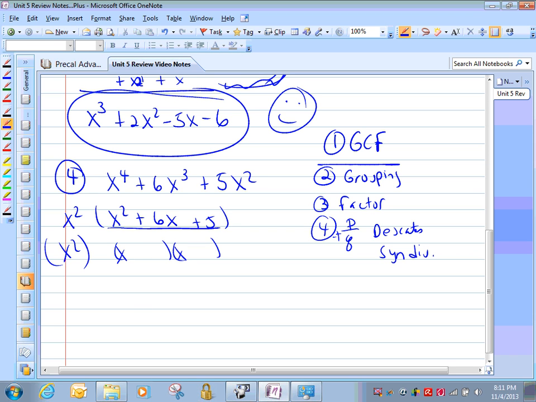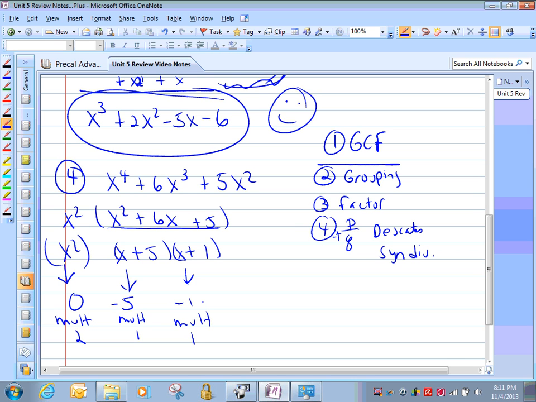So x and x, multiply to 5, add to 6 would be positive 5 and positive 1. And therefore, we have x squared. Our 0 here would be 0, which happens twice because of the squared. So it has a multiplicity of 2. For this one, our 0 would be -5 with a multiplicity of 1. And here would be a -1 with a multiplicity of 1.